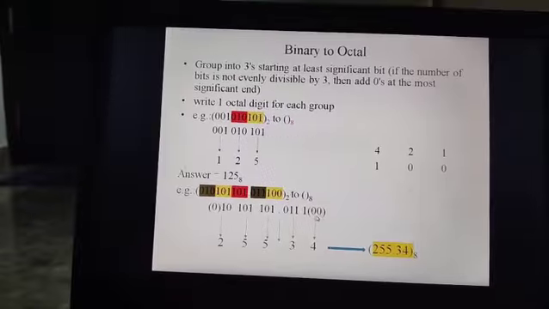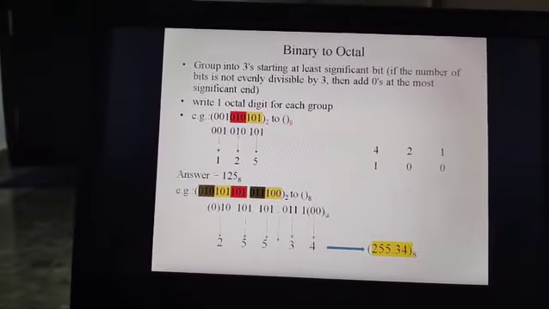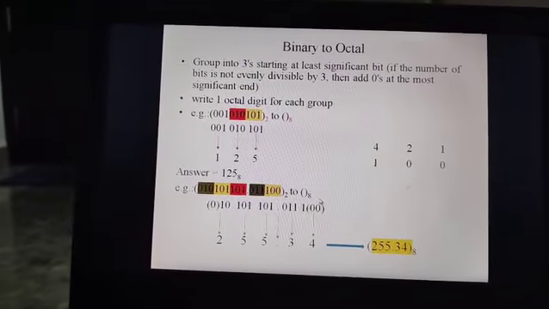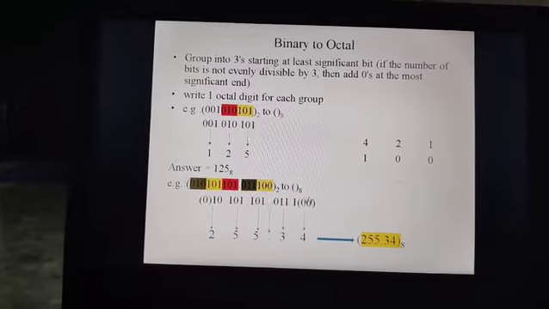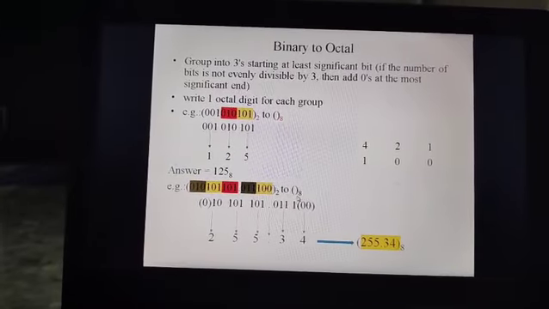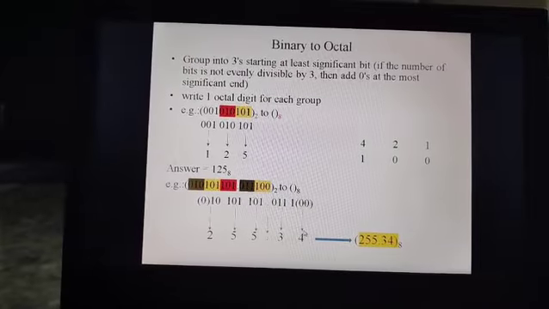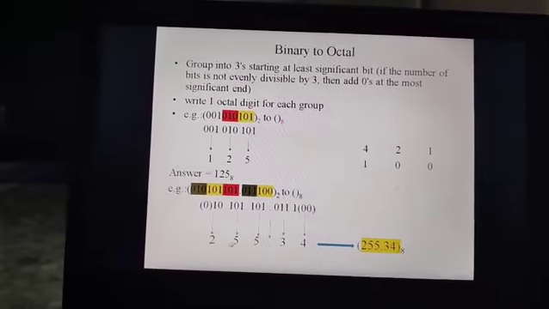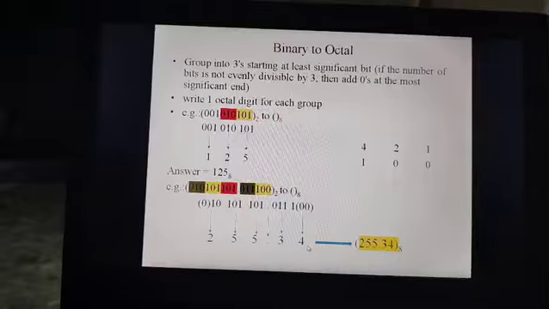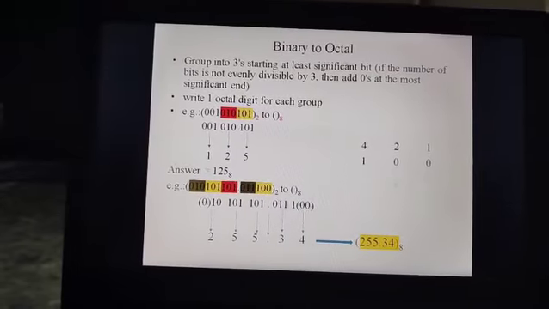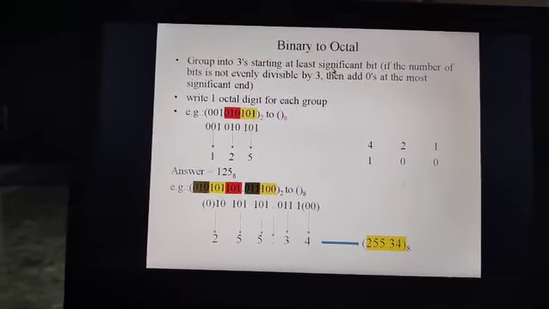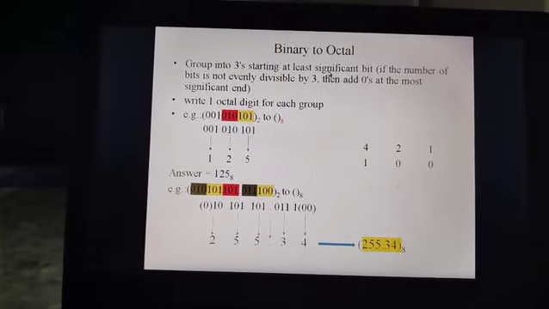So, for assumption, we have to consider the two zeros, and for those values we calculate with 1, 2, 4. Here we have 4 and 3, and this is the way in which we can convert the given binary number into an octal number. That's all for today's class. We'll see the remaining in the next class.